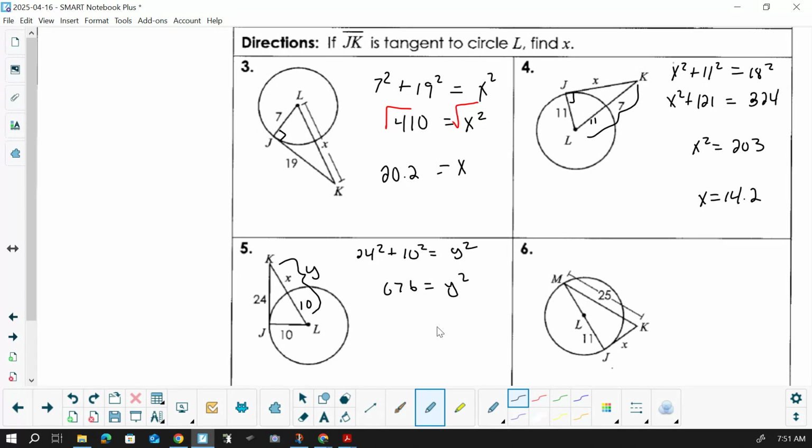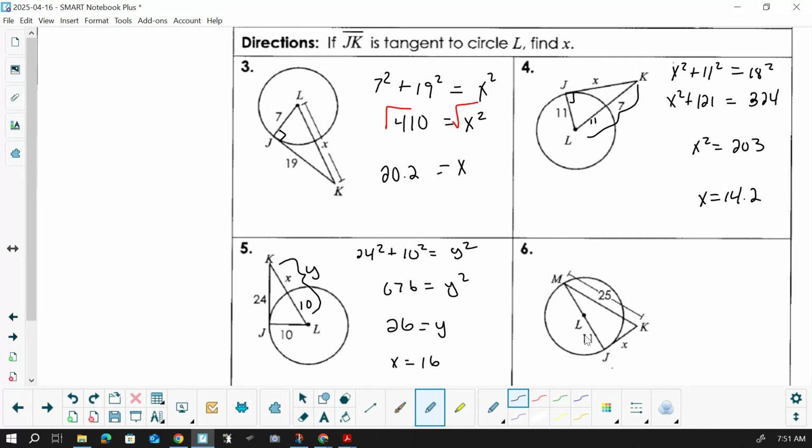And we take the square root of both sides, and we get y equals the square root of 676, which is 26. Now I know that y is 26. That's this whole thing. I can subtract 10 to find the part on the outside. x would be 16.